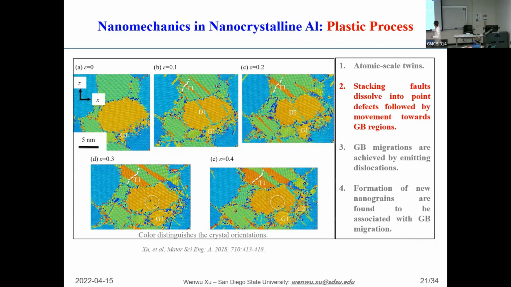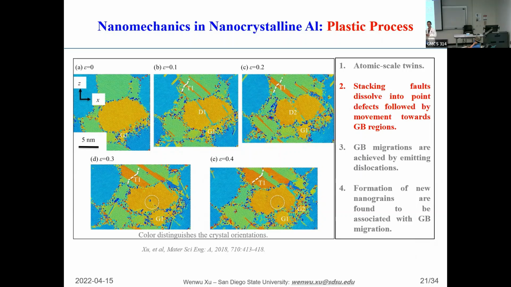It's as if there are lots of defects here, and then it started to nucleate the dislocation and then kind of inject the dislocation to somewhere else. And then at the same time, the grain boundary will start to move dynamically as a result. And then in addition to that, we also observed some nano twinning in the nanocrystalline material.